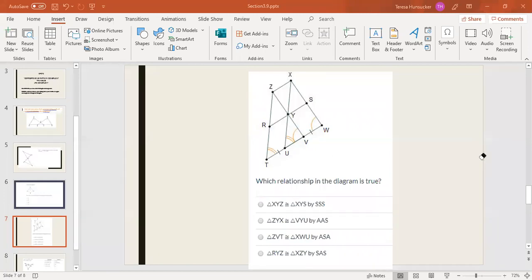But I want you to look at triangle TZV and triangle UWX.